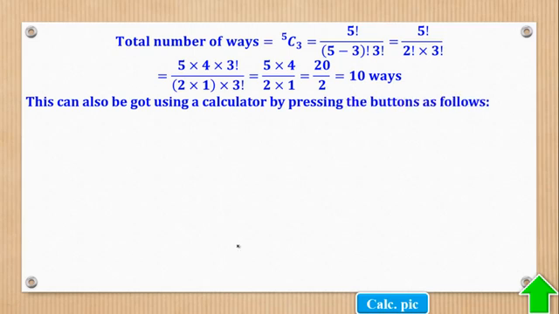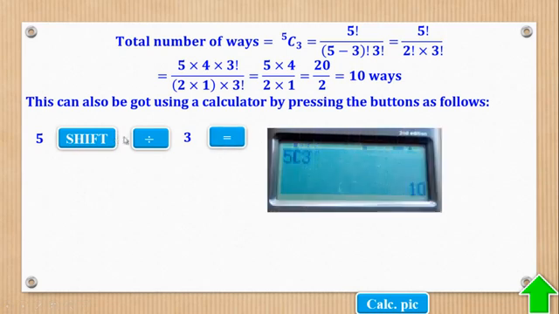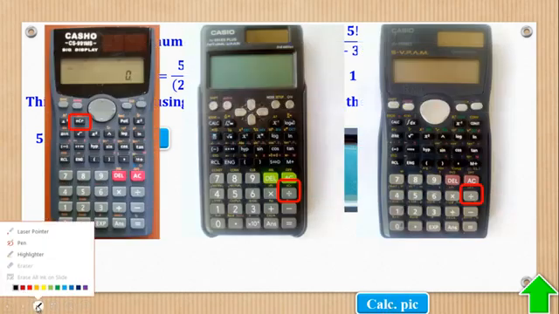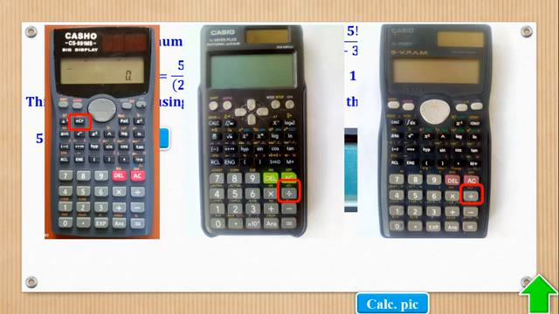You can also use the calculator to get that combination by pressing 5 shift division 3 equals. This is what will appear on the screen. It depends on the calculators you have. Let's start with these two. If you have either of them, you press 5. Then you realize that combination is in yellow, so to get it you press shift, then this division sign. The C will come, then you press 3, and after that you press equals and the answer will come.